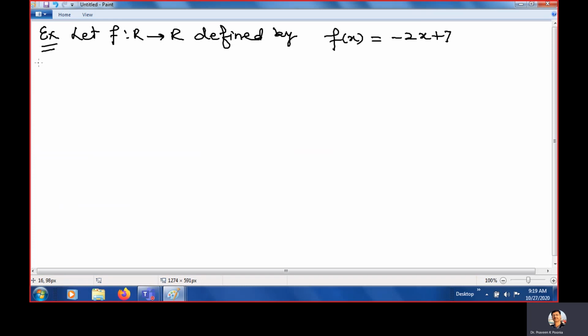So first we will calculate the x-intercept so that we can draw the graph. How will we calculate the x-intercept? Put f(x) equal to 0. That means minus 2x plus 7 is equal to 0. Minus 2x is equal to minus 7, shifting the 7 over. Now divide by minus 2.